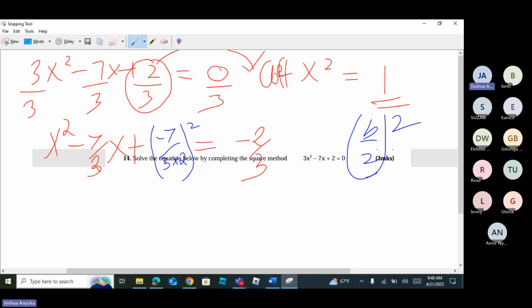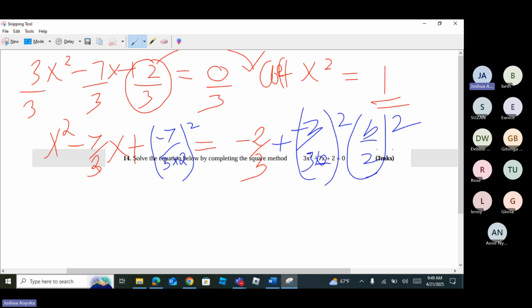Our b is negative 7 over 3, so that 3 of the denominator would be joined by 2. We do the same on the other side, negative 7 over 3 times 2.